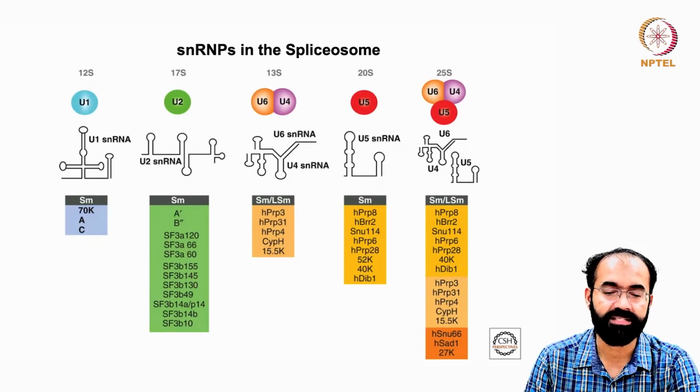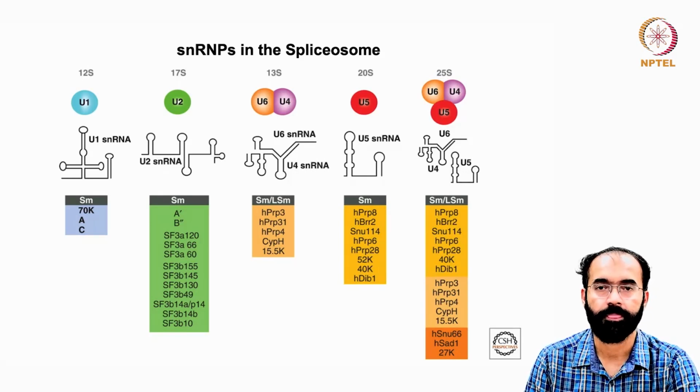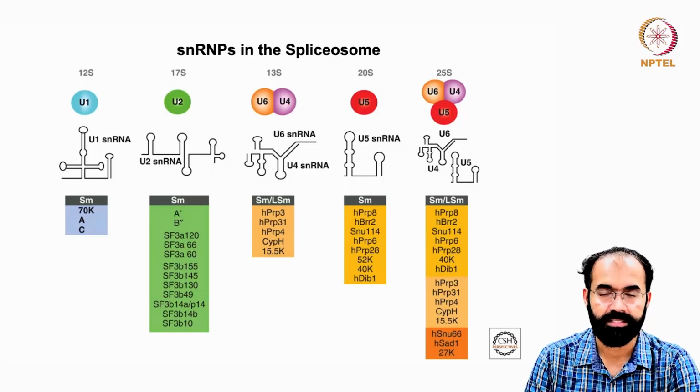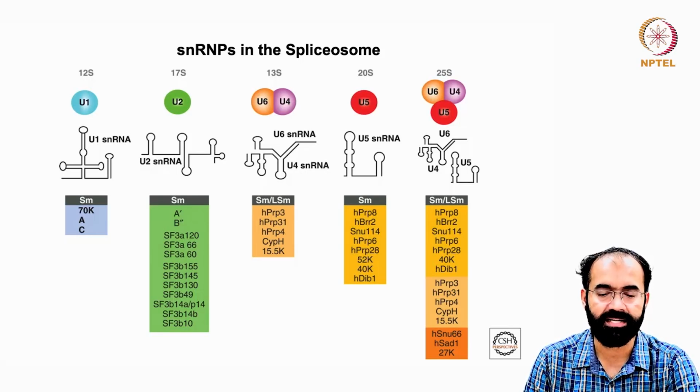And you have the 13S U6 U4 complex. As you can see here, it's 2 RNAs paired together, U6 snRNA and U4 snRNA. They pair, and of course they flip also, and we will see that in more detail in subsequent slides. They also have a bunch of interacting proteins.